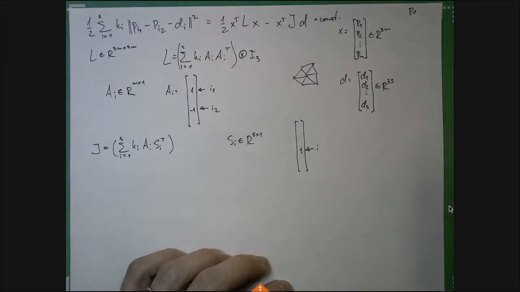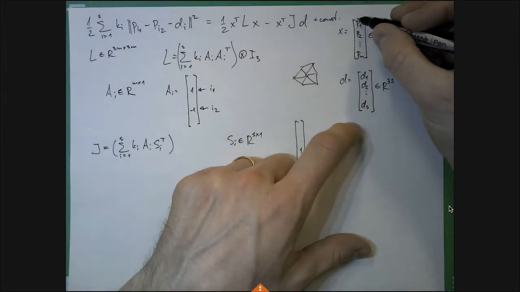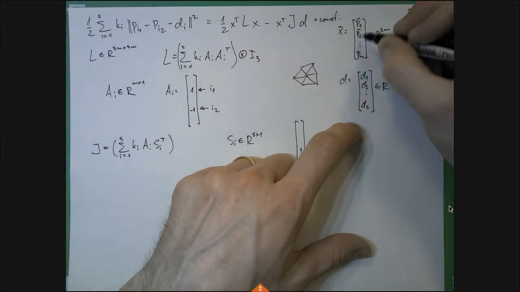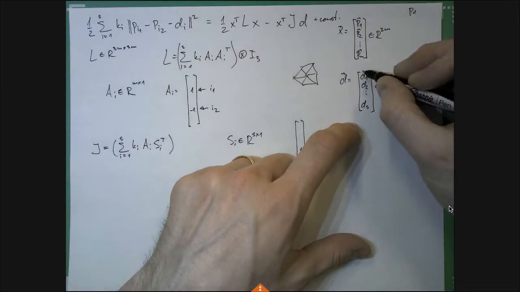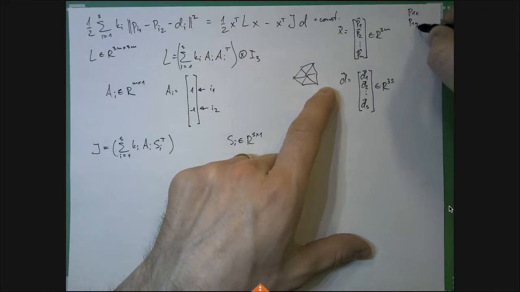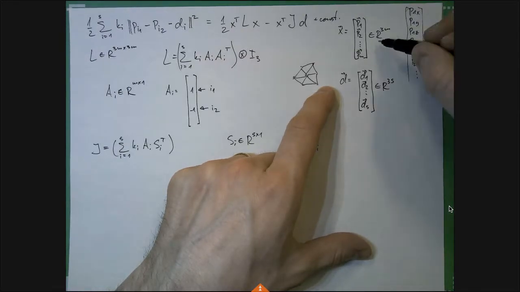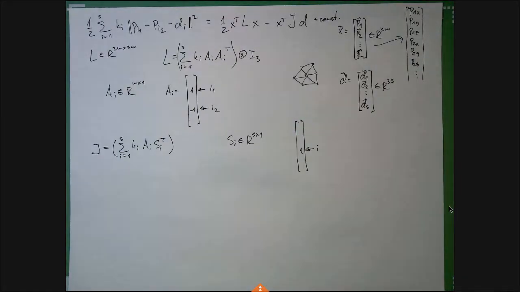The number of springs will probably be higher than the number of particles, but that's cool. And all of these are 3D vectors. I don't want to go into the arrows game, but they are all indeed vectors. So I could also write P1x, P1y, P1z, then P2x, P2y, P2z, and so on. So that's what this is.